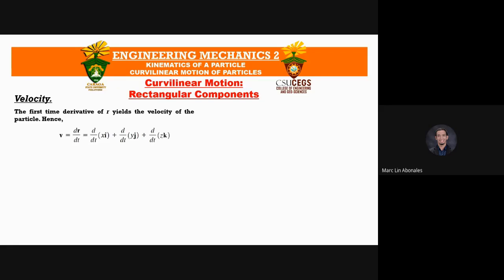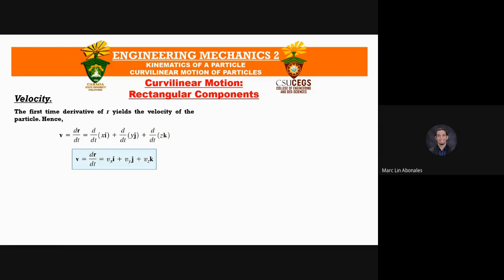When you differentiate the position vector r with respect to time, you will derive the velocity vector, and it is defined as vx i plus vy j plus vz k.